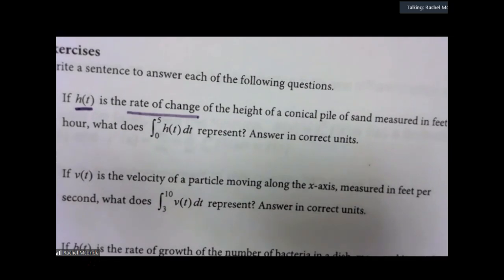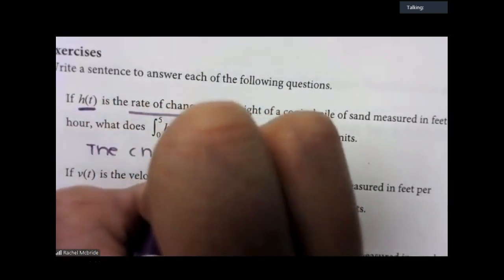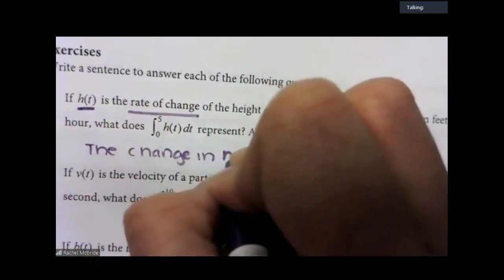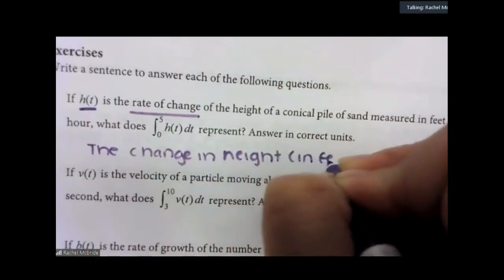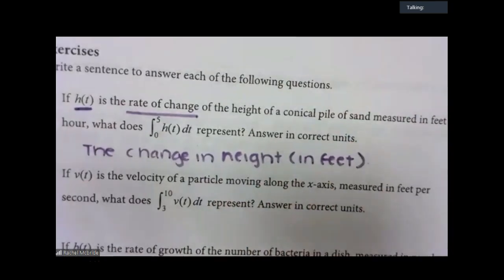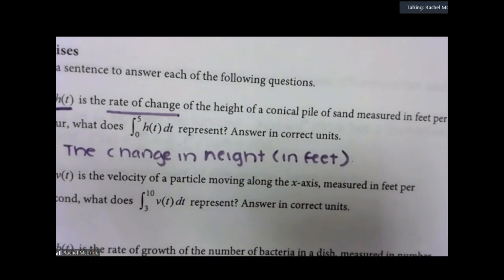So that integral would represent the change in height of the cone, in feet. And how long would we be looking at the change for?